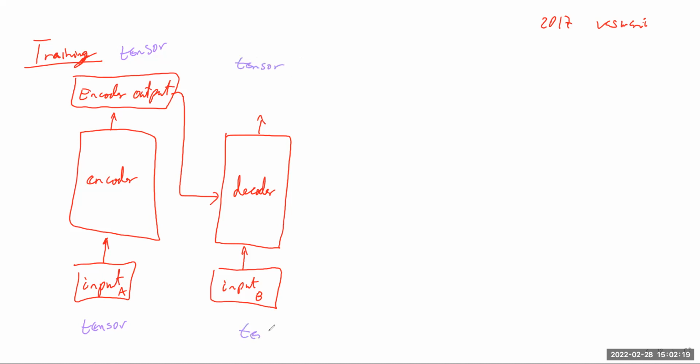And this is a tensor. Now this is where it gets a little bit tricky, okay? Because it's trying to predict something depending on the problem that you're looking at. So this is basically for training here.